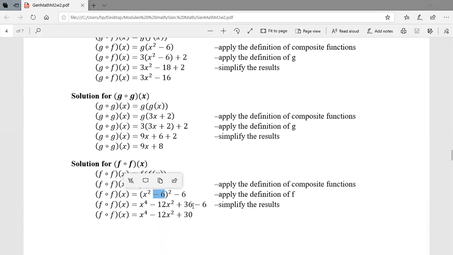Negative 6 raised to the power of 2 is positive 36 and copy negative 6. So 36 minus 6 is 30. We have here the final answer, which is x raised to the power of 4 minus 12x squared plus 30.